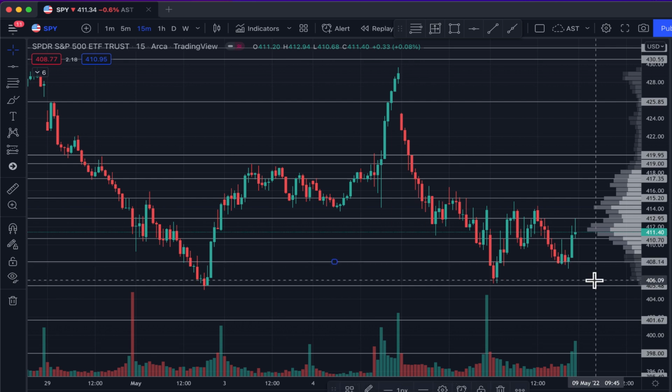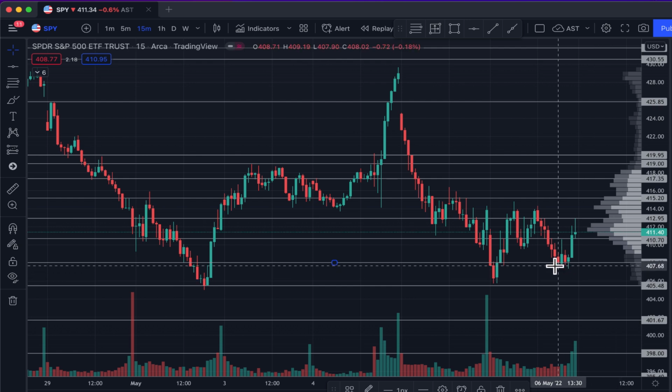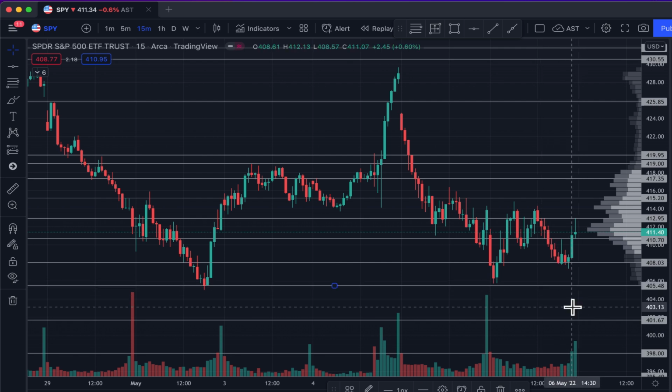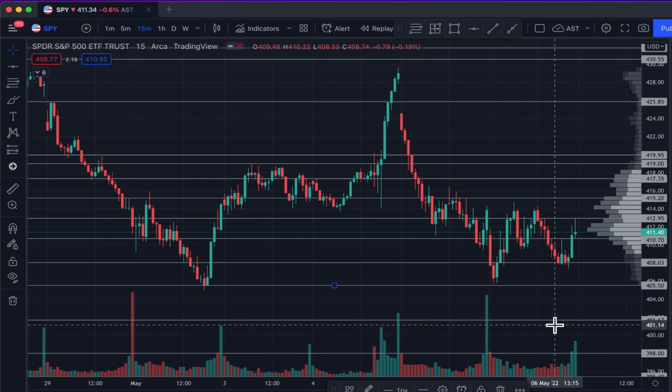I'm going to move this down as well because you notice I want to get more of that, and then over here I want to get this. I'm going to keep this one here at about 405.50 just because I want it to be the bottom down there. I know it's below the recent day lows, and it's just above the lows on May 2nd.